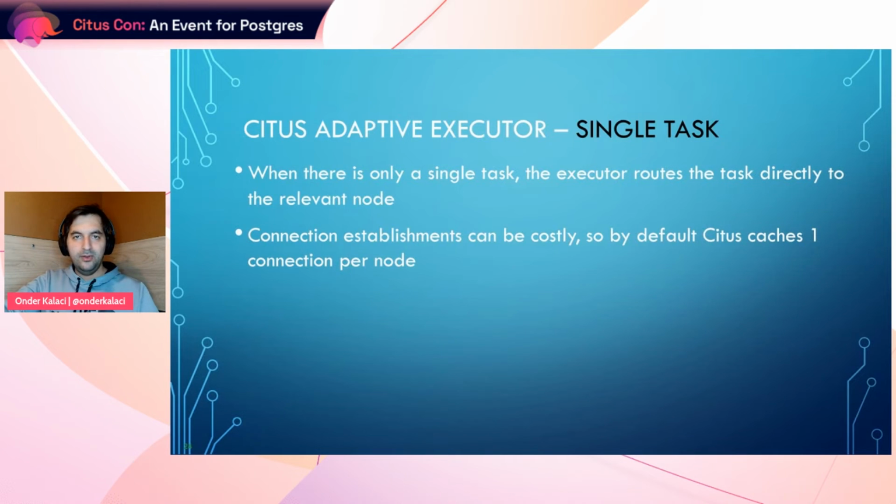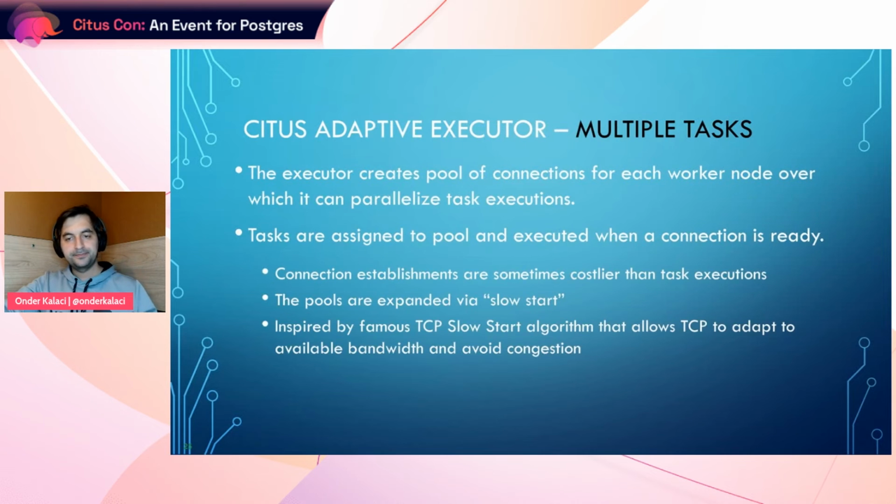If you have an index on a table and run a query using that index, the query execution on the shard or on a Postgres table could be less than 1 millisecond. But if you try to establish a connection, especially under heavy loads, the connection establishment time could sometimes dominate the total execution time. To avoid that, Citus caches one connection per node, and the executor does that caching.